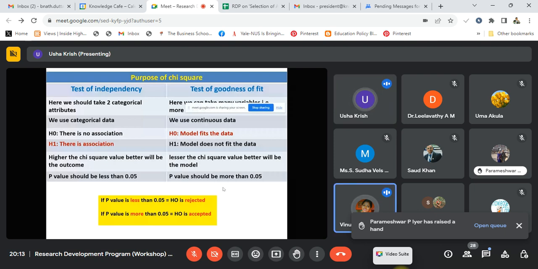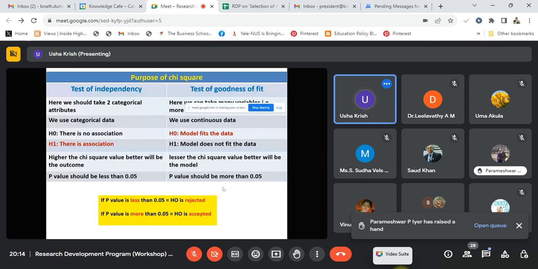No, ma'am, I'm asking, if I have 60 questions in the questionnaire, do I need to apply the statistical test for all the 60 questions or not? No, you divide that into three parts. First, the demographics, one part. Then the second part, the constructs, the theoretical constructs. You'll have four or five constructs, and for each construct, based on the nature of the data, you should decide whether you're going to use chi-square or t-test or ANOVA and so on.